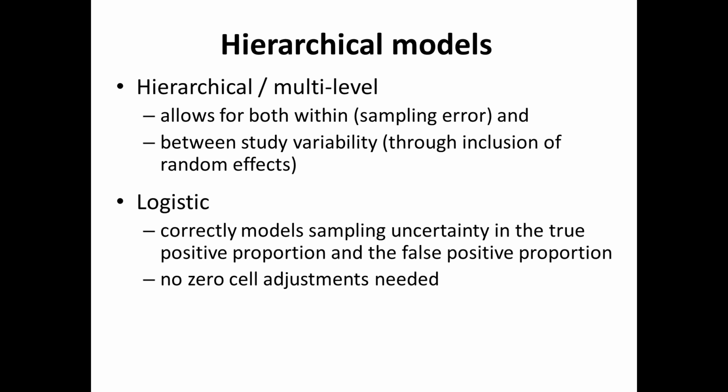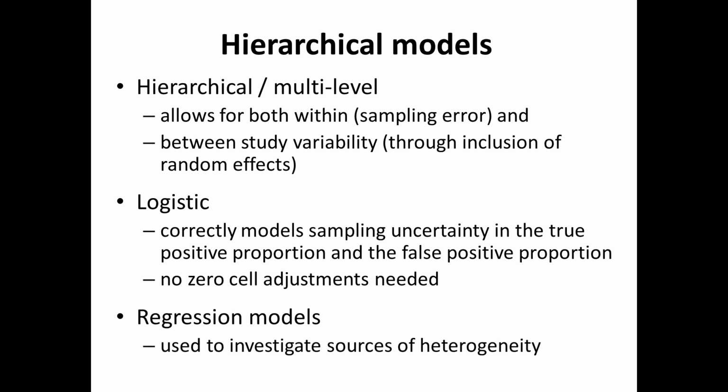And these models are logistic models that allow us to correctly model the sampling variability in the true positive proportions and false positive proportions, so our sensitivities and 1 minus specificity. And we do not need to make any zero cell corrections because it is a logistic model, so the appropriate distribution is used to model the data.